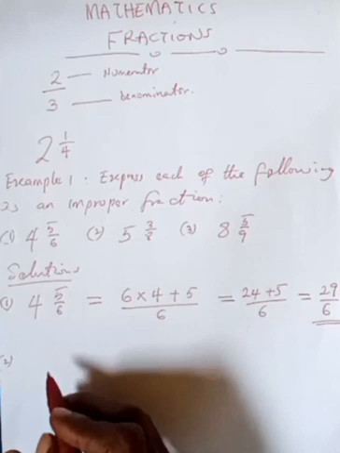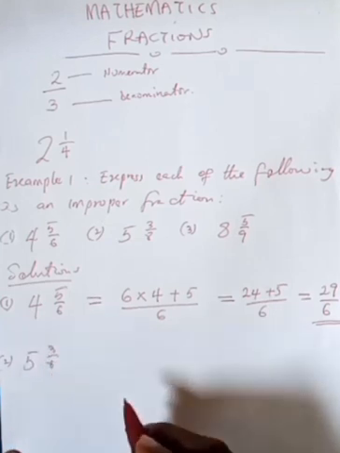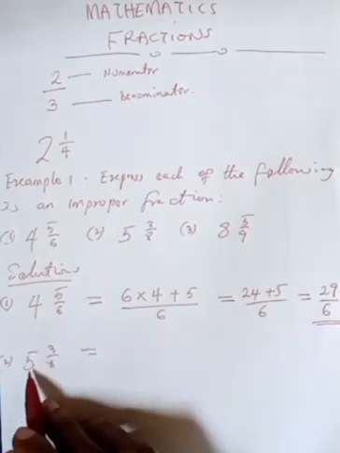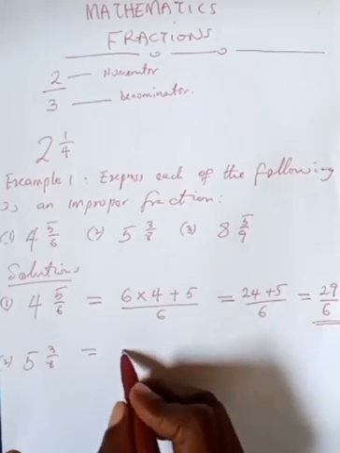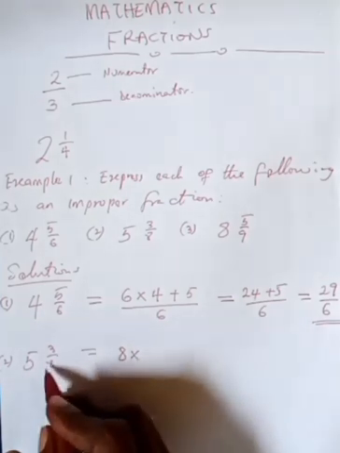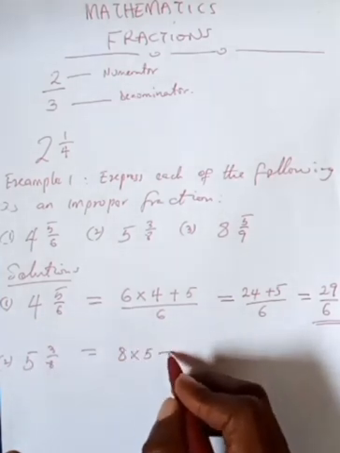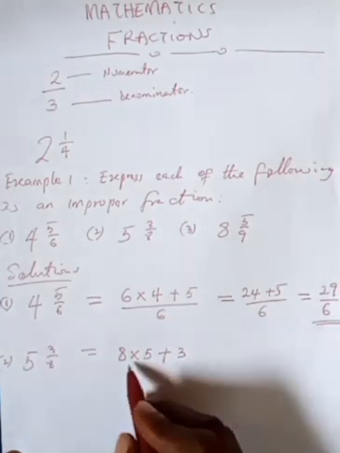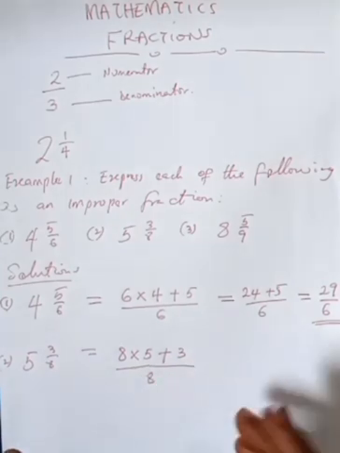So in number 2, what I have there is 5 whole number 3 over 8. If you can recall, converting this number to its improper form means I will pick my denominator and multiply it by the whole part of this number, and the result gotten will be added to the numerator as given in the question, and everything over our denominator, which is 8.